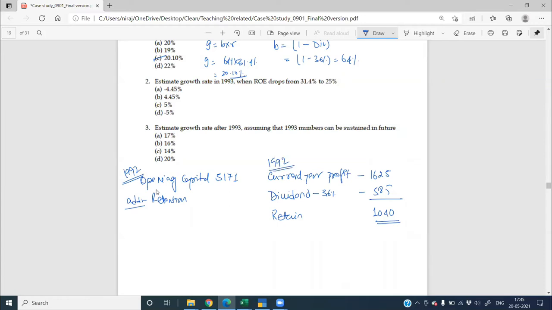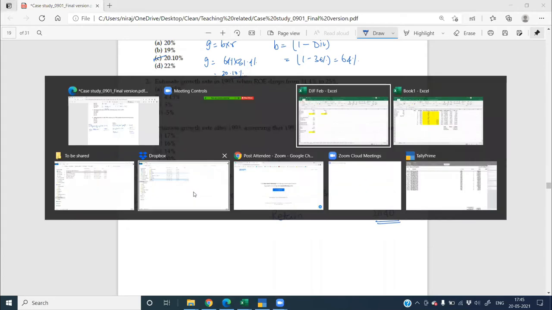Can't we do it like this? Let us multiply 64% with 25%. Sir, let me do my version first. After that, if your version is also giving the same answer, I don't have any problem. So what is my closing capital? 5171 plus 1040.